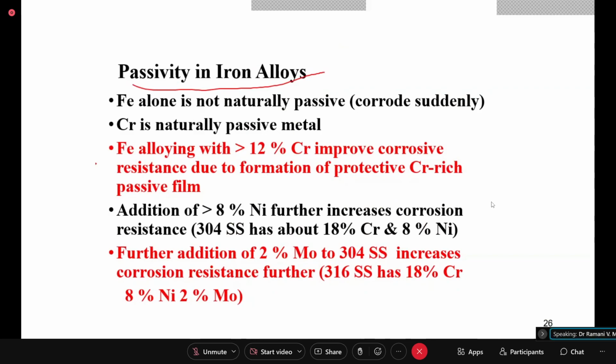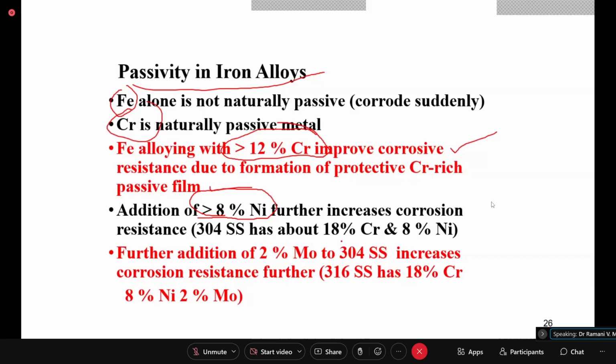Just now I told you, iron with chromium of a percentage of more than 11 or 12 improves the corrosion resistance due to formation of chromium rich passive film. Addition of more than 8% of nickel further increases corrosion resistance. Then there is 304 SS, which has about 18% chromium and 8% nickel.